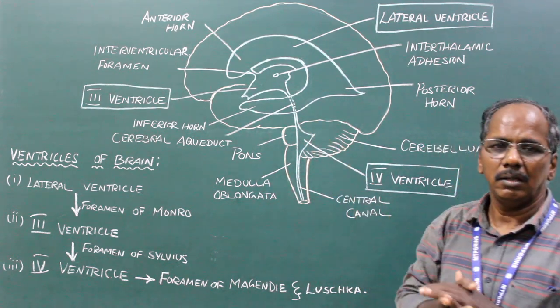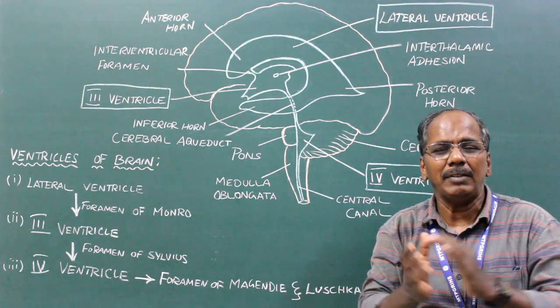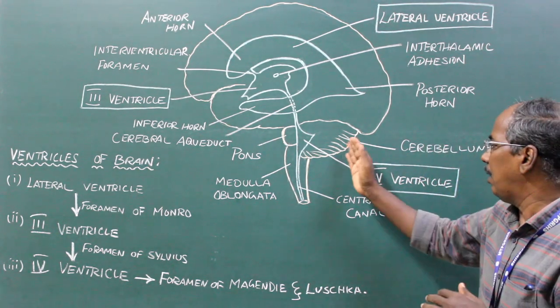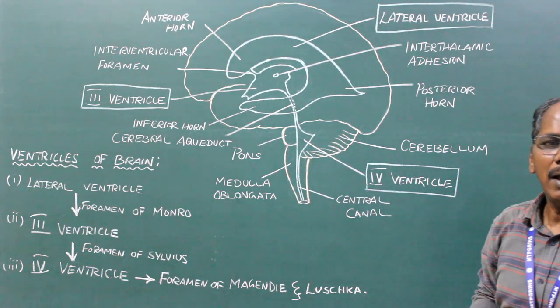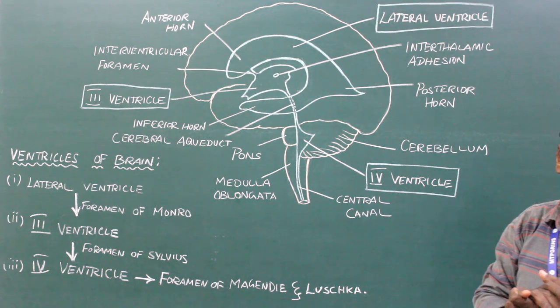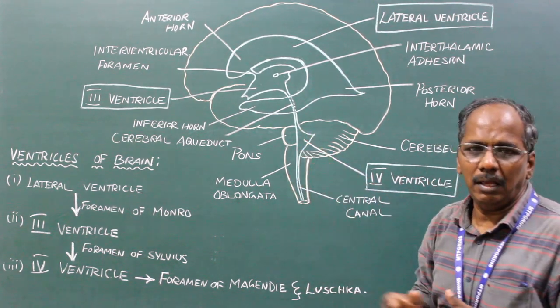4th ventricle. It is a tent-shaped cavity present in front of the cerebellum and behind the pons and upper part of medulla oblongata. See here, it is a tent-shaped cavity.